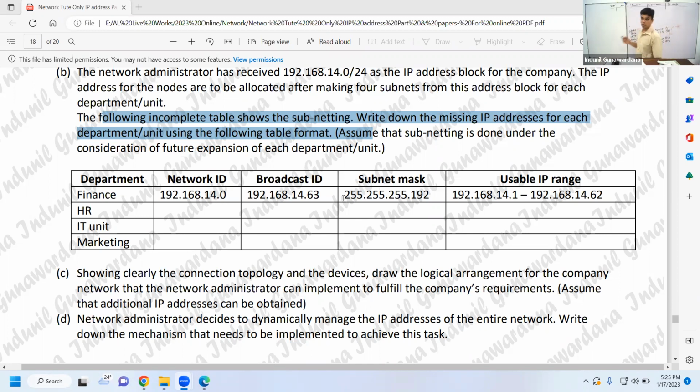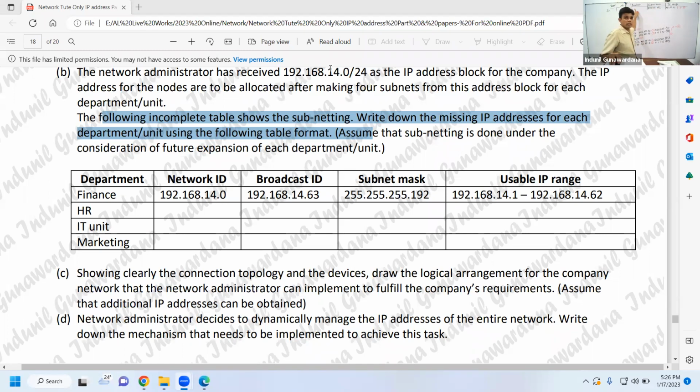Right. Now first is going to be finance. They have given the things. There the IP range is going to be from 1, so like that in decimal, 192.168.14, starting is going to be 1 to 62. I will write that last part only, otherwise I write a lot. Then the subnet mask remains the same all the time, 255.255.255.192. Now they have asked us the broadcast.